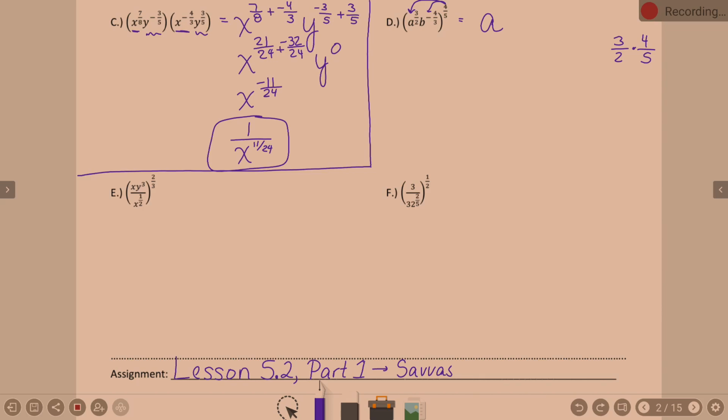But then you would have to reduce 12 over 10. 6/5. Or what I like to do is 2 and 4 cross cancel. 2 divided by 2 is 1. 4 divided by 2 is 2. And then 3 times 2 is 6/5. If you multiply and got 12/10, it reduces to 6/5, right? So this is going to be A to the 6/5.